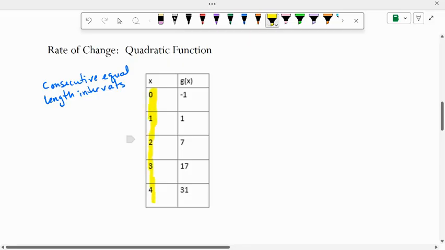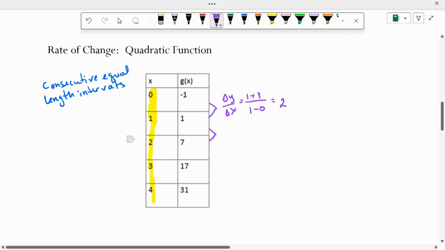This time it is a change of 1. So if I am going to look at my average rate of change in y over change in x, I'm going to get 1 minus a -1, and my denominator, change in x, is going to be 1 minus 0. So I get an average rate of change of 2.